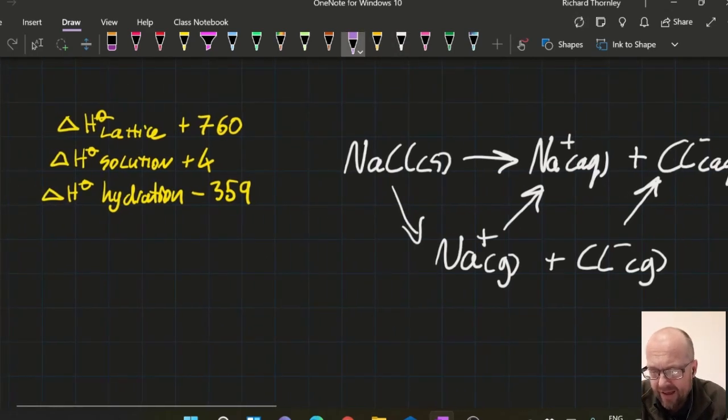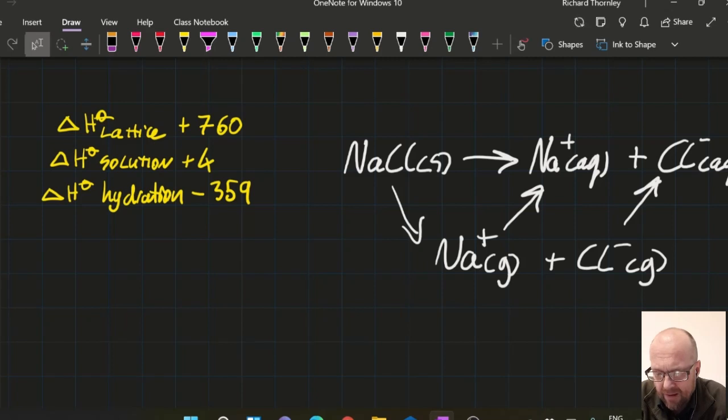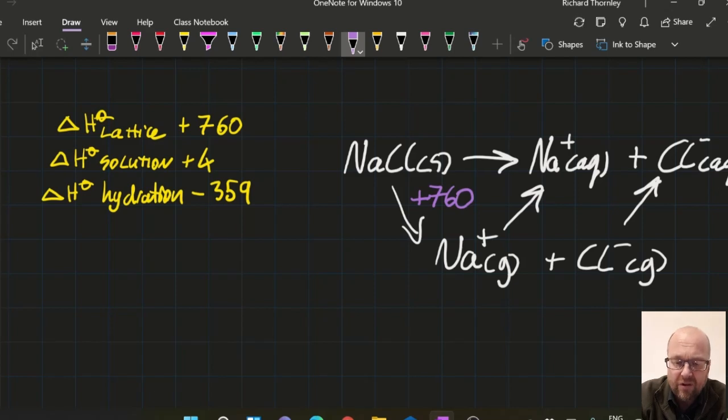So let's have a look. The lattice energy is plus 760. So plus means you're breaking bonds, and I remember, so that's plus 760. The lattice energy is the energy change when you turn 1 mole of an ionic crystal into its gaseous ions. It's going to take lots of energy to do that, positive. The solution, I remember solution is the one that starts with the S that I'm left with.